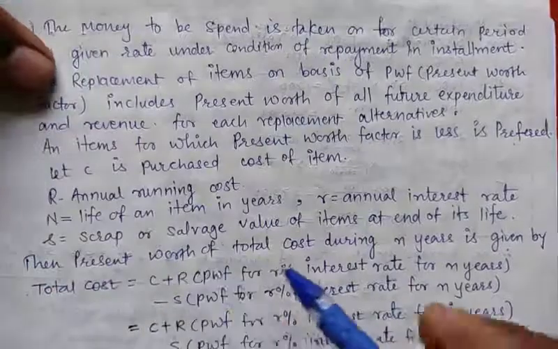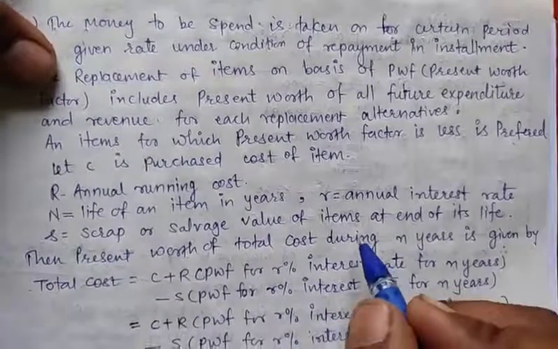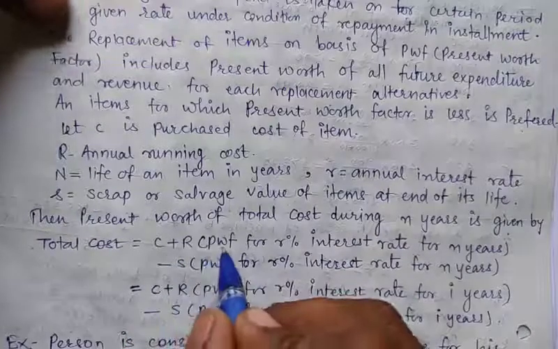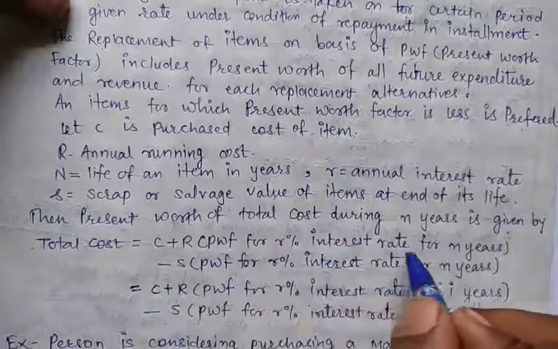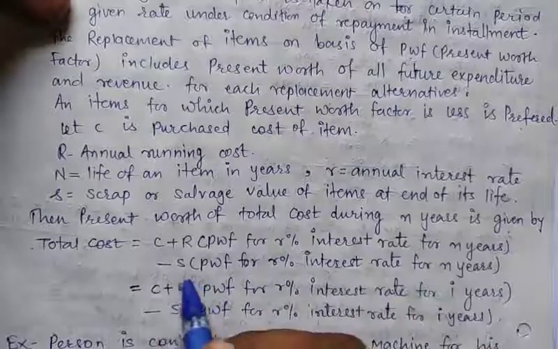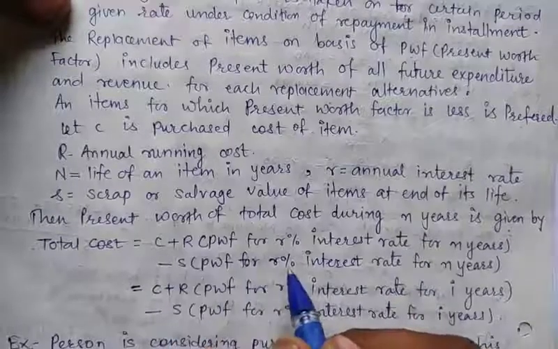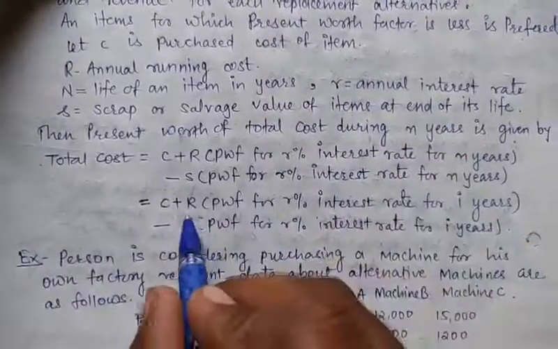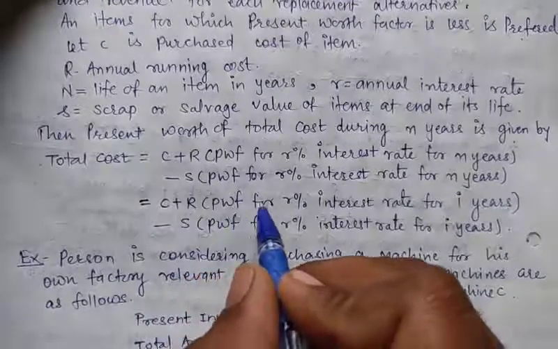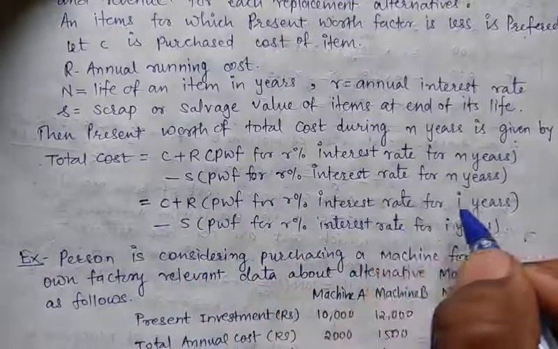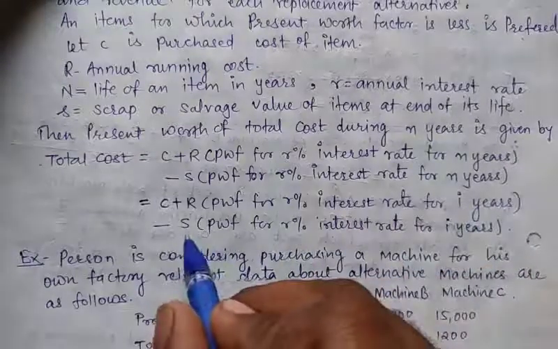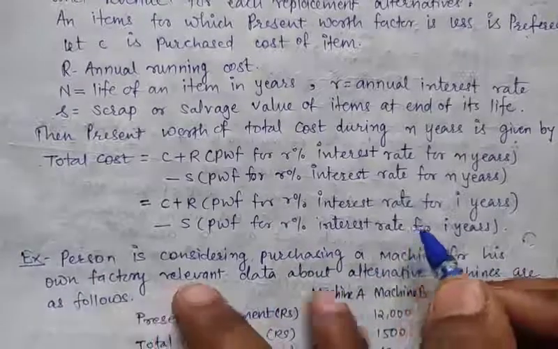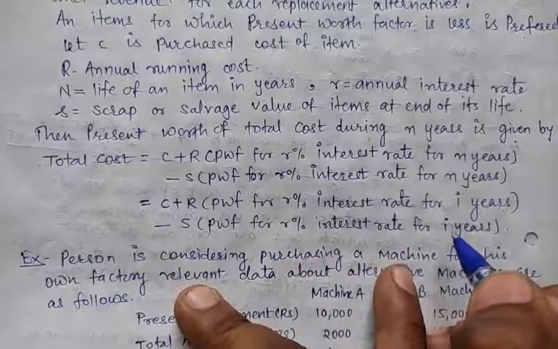Then the present worth of total cost during a year is given by the formula: total cost is equal to C plus R into the present worth factor for r percent interest rate for n years, minus S, the scrap value, into the present worth factor for r percent interest rate for n years. This can also be written as C plus R into the present worth factor for r percent interest rate for i years, minus S into the present worth factor for r percent interest rate for i years, where i varies from 1, 2 and so on.